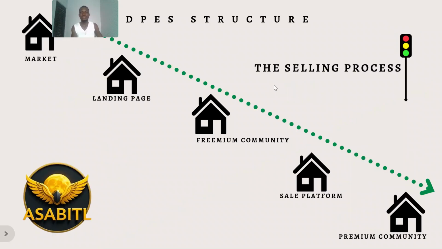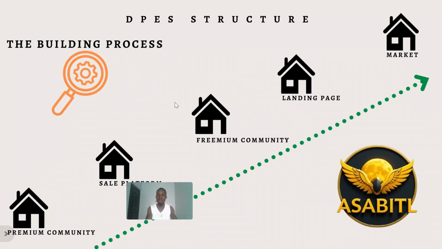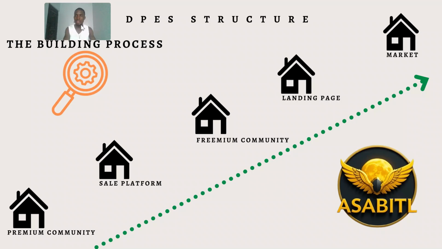The second phase is the selling process. You see that the selling starts from the top, which is the market, down to the premium community. So this is the structure behind every successful online business. Nobody is going to tell you this. That's the truth. You will not learn this anywhere.